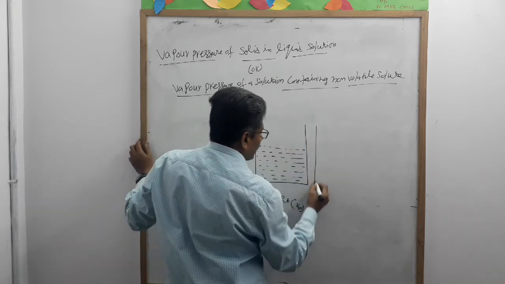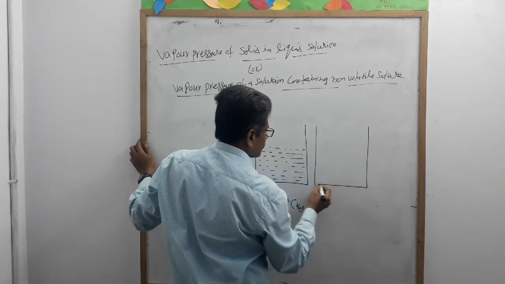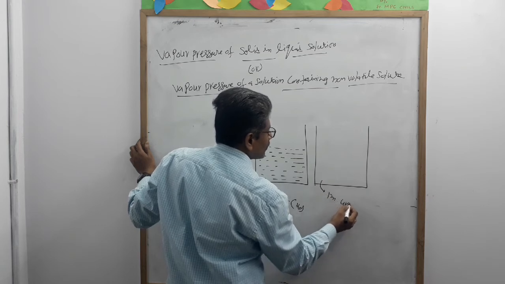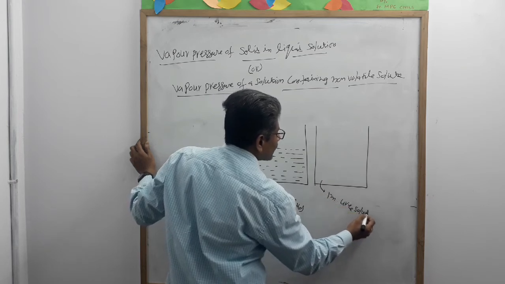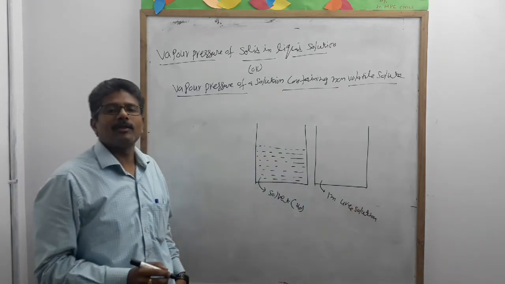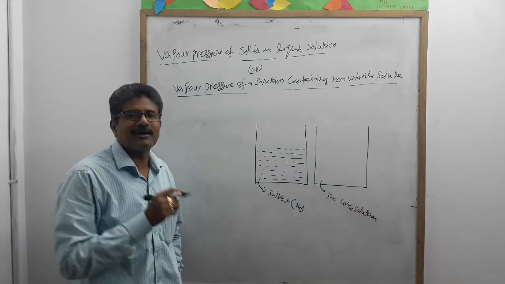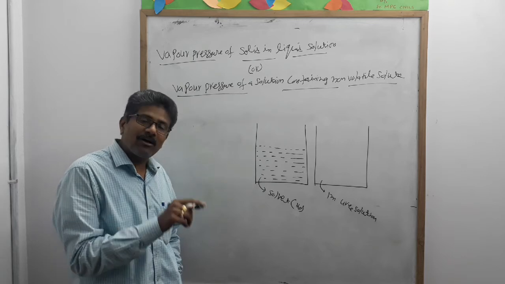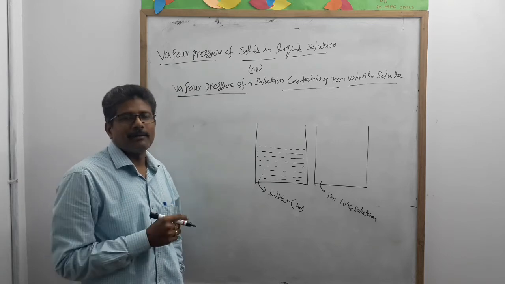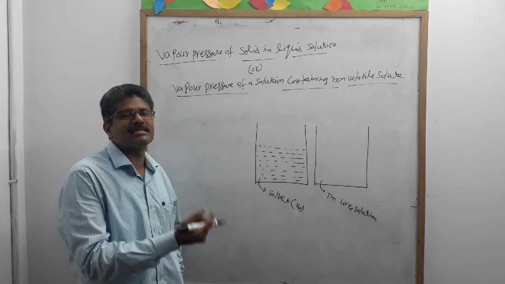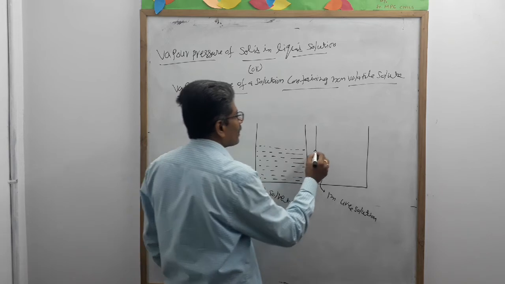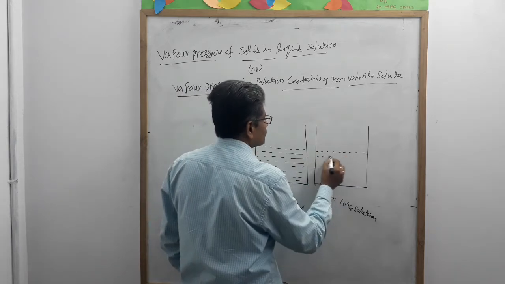In another vessel I am taking 1 molal urea solution. 1 molal urea means 60 grams of urea dissolved in 1 kg of water, because the molecular weight of urea is 60. Now this is 1 molal urea solution.